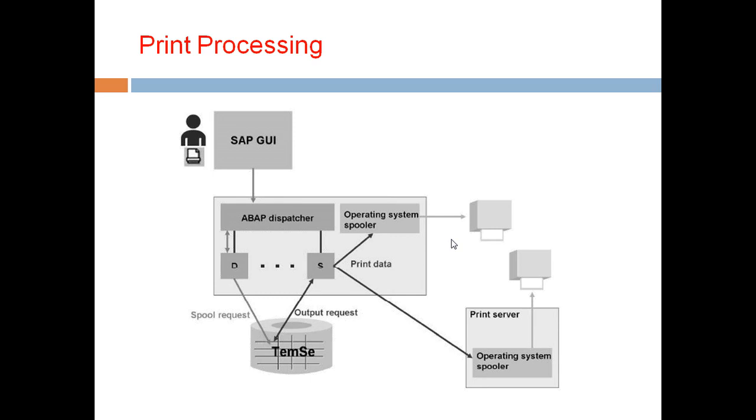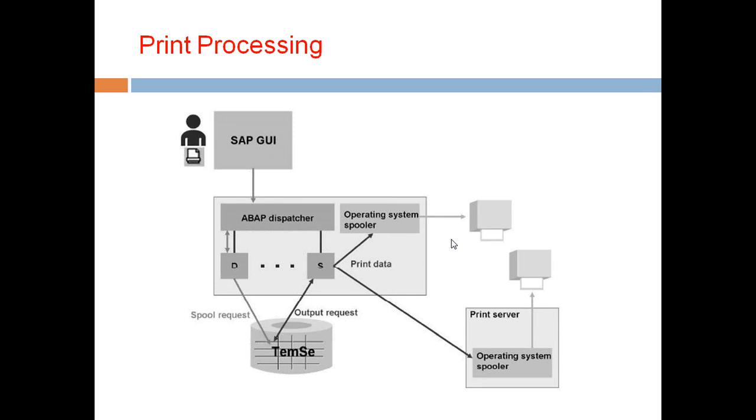As I said, in an SAP system, the connection between a spool work process and the operating system spool process is known as the access method. There are more access methods than the local and remote I talked about, but these two are the most commonly used access methods for connecting printers to SAP systems.